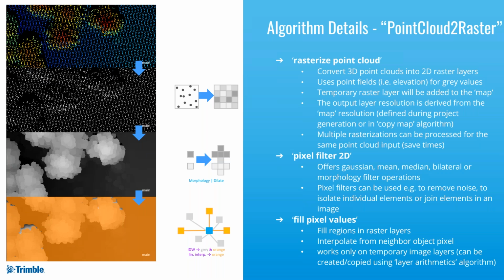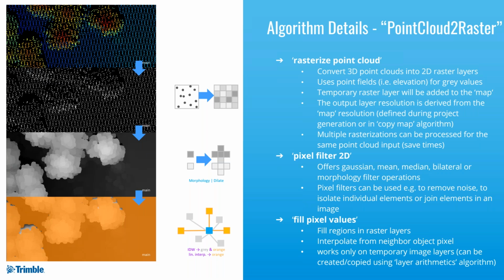Why didn't I do this right off? Well, because this algorithm is processing intensive, and if you have lots and lots of holes, it will run longer. So I first decided to eliminate some of those holes by running the pixel filter 2D. So there were less holes to consider with the fill pixel values algorithm.